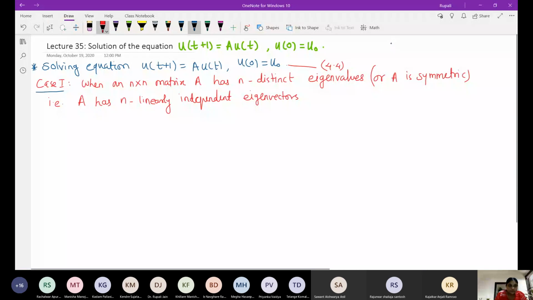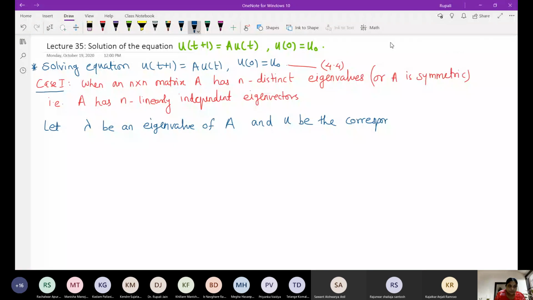So let lambda be an eigenvalue of A, and let u be the corresponding eigenvector, for t equal to 0, 1, 2 and so on.